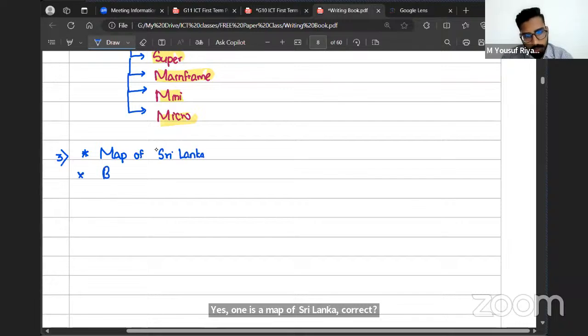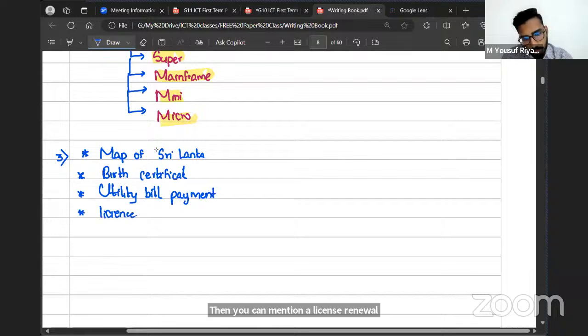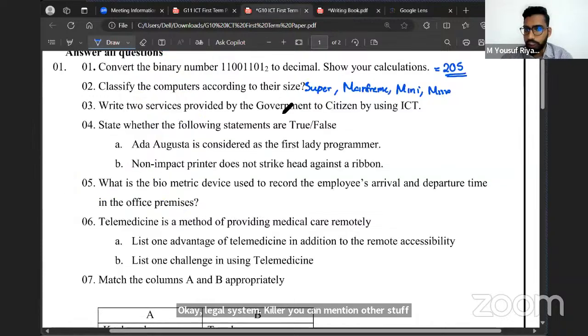Birth certificate, utility bill payments. Then you can mention the license renewal. You can mention other services as well. These are some of the very common services the government provides to the citizens.